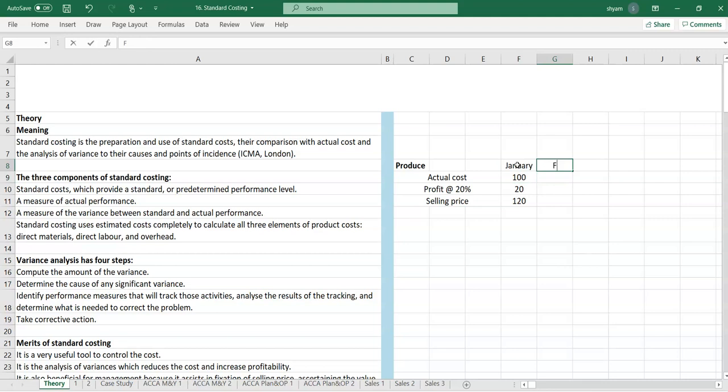What happens in Feb is quite different. In Feb the cost goes to 110, and 20% profit on that becomes 22, so your selling price becomes 132. In March you again produce a product. At that time the cost becomes 90, your profit is 18 and your selling price is 108.